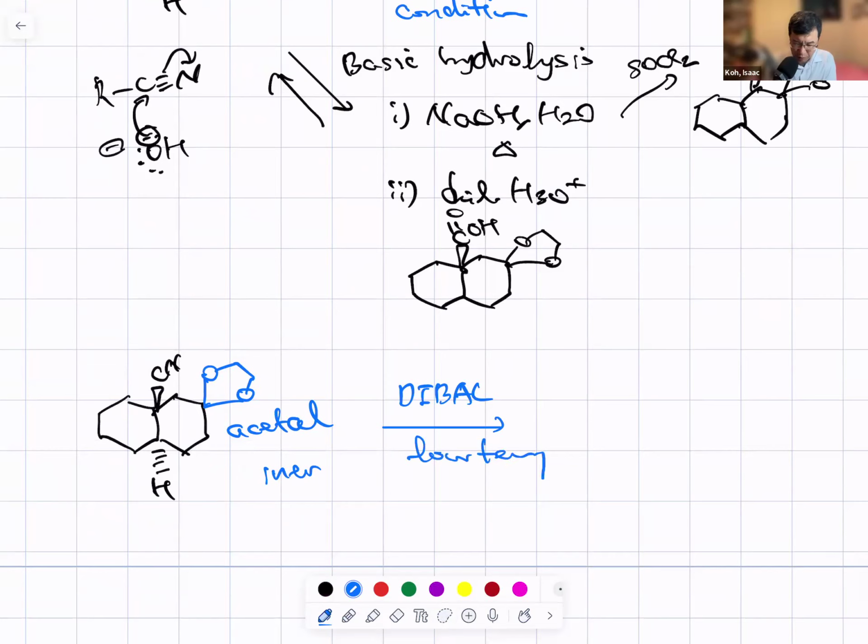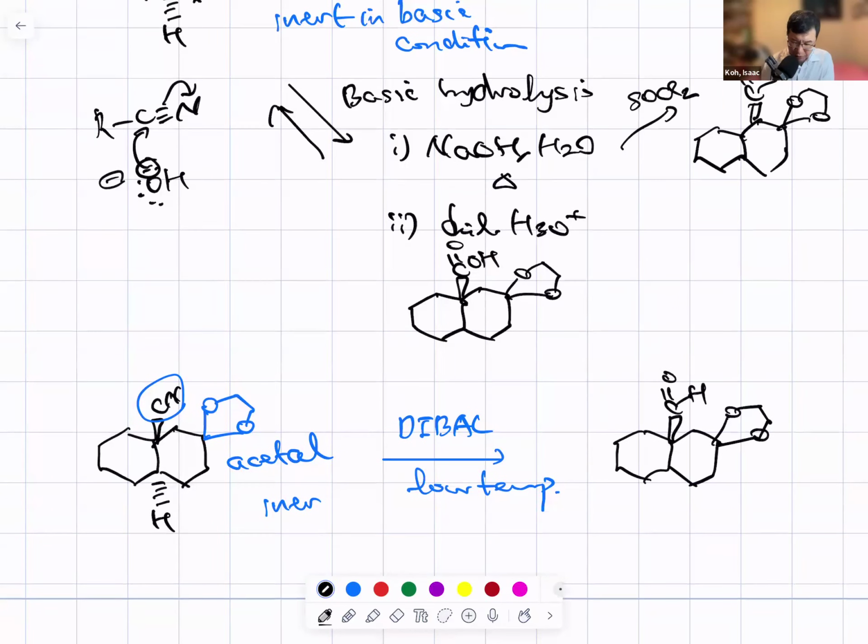Then not only does it turn an ester into an aldehyde, it is also turning this nitrile into an aldehyde. So this will be converting this one into an aldehyde directly. And from the aldehyde, the final step is acidic workup.